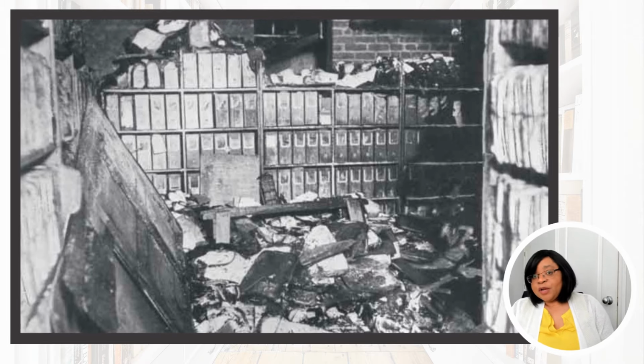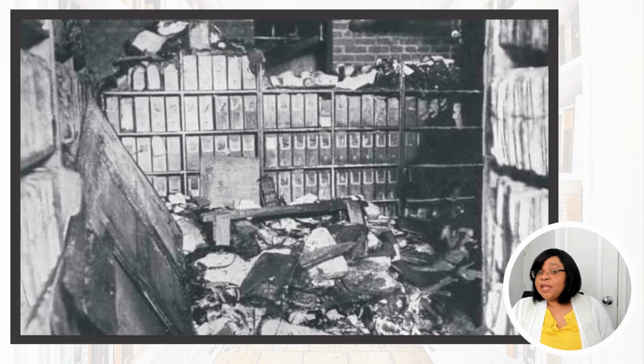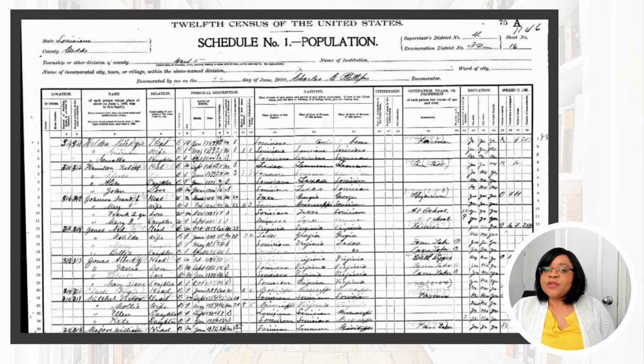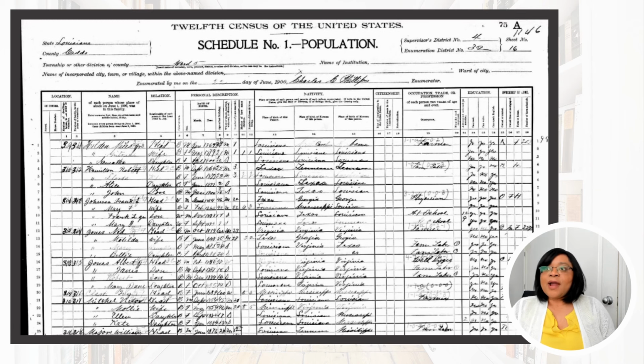1890 is a different story. That's not a strong census for anybody because there was a fire that destroyed 99% of the 1890 census. There are only a few counties in a few states that actually have data from the 1890 census. The 1900 census is also considered a strong census for African American genealogy because that's about 35 years after slavery.